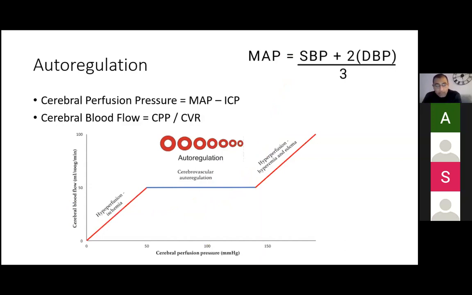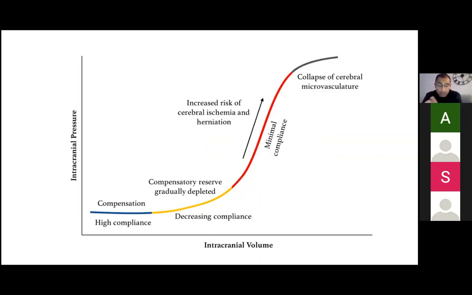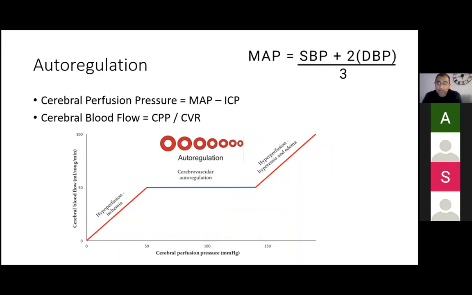So how do we get this compensation? To understand compensation, there are a few things we need to understand. First thing is what we call autoregulation. Autoregulation is basically a change in the blood vessel size according to the cerebral perfusion.